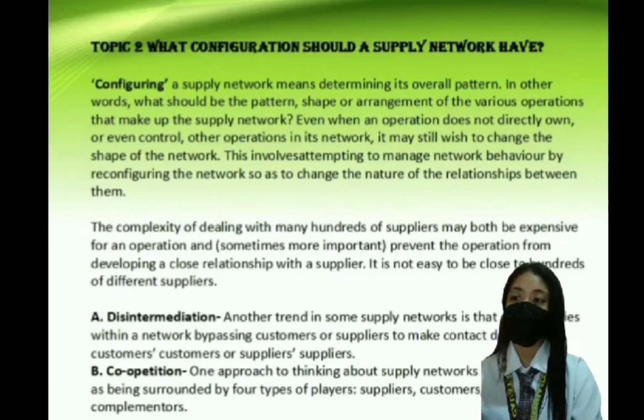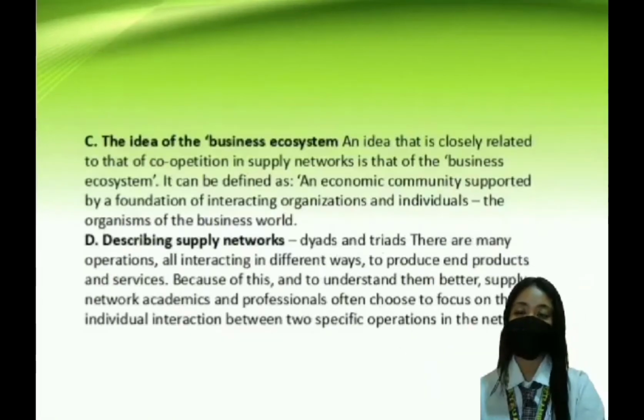Letter B. Co-opetition. One approach to thinking about supply networks sees any business as being surrounded by four types of players. That is suppliers, customers, competitors, and complementors. Letter C. The idea of the business ecosystem.